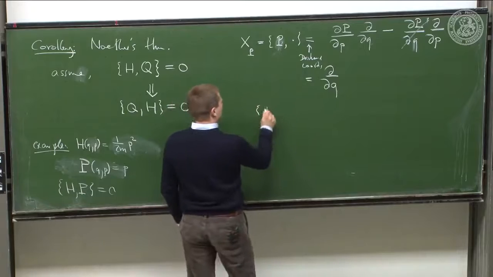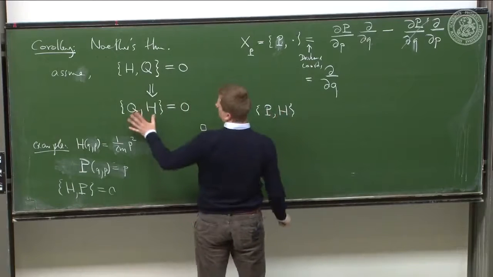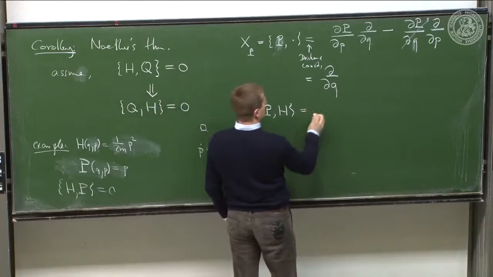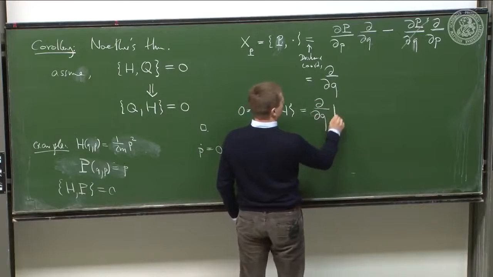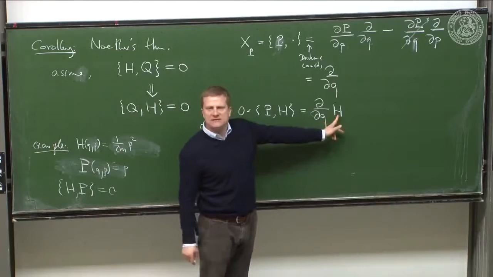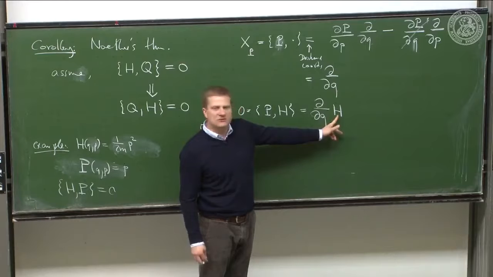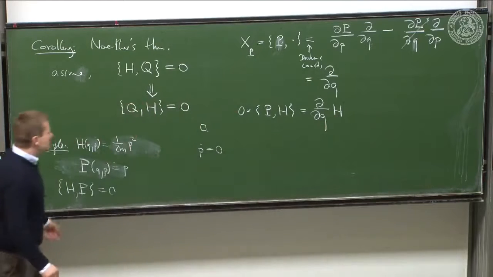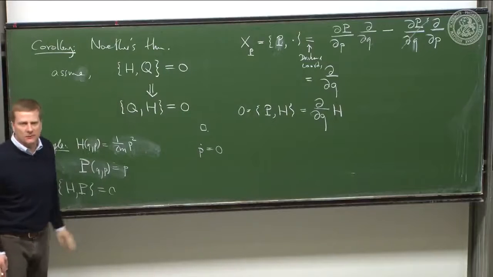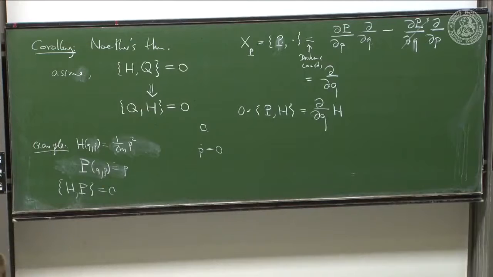Aha, so capital P acting on H, being 0, as is obvious, means nothing else but dH by dq is 0. But if dH by dq is 0, that means H doesn't depend on the position. In other words, it's translation invariant. Okay? It's exactly this. So this is the Noether theorem. There is nothing else to it. In Poisson bracket notation, the Noether theorem is equivalent to the antisymmetry of the Poisson bracket.